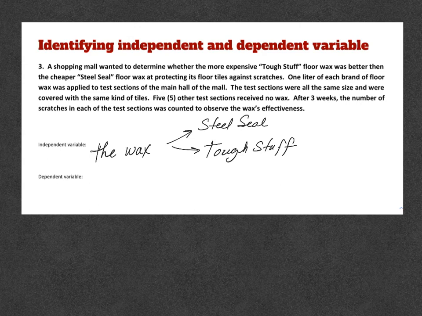And what are you going to record as evidence that one is better than the other one? Continue reading. After 3 weeks, the number of scratches in each of the test sections was counted to observe the wax effectiveness. So what are you observing in order to say that one is better than the other one? Which one will leave fewer scratches? Okay, the number of scratches.